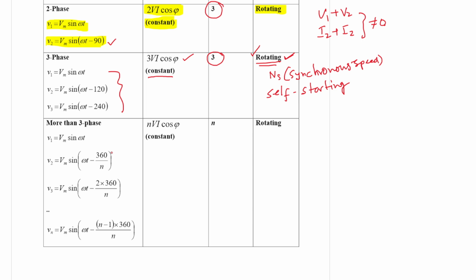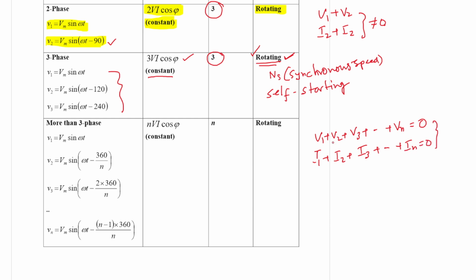The answer is, for n phases, if we solve V1 plus V2 plus V3 up to Vn, it will be 0, and I1 plus I2 plus I3 up to In is also 0.